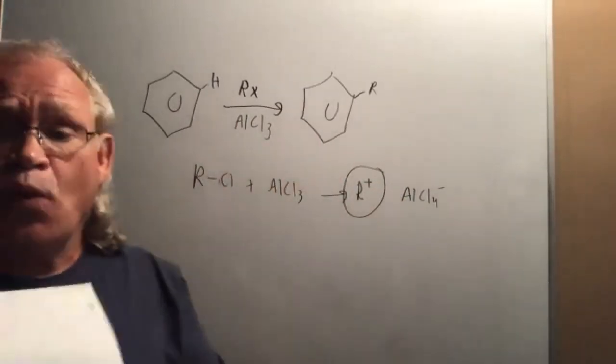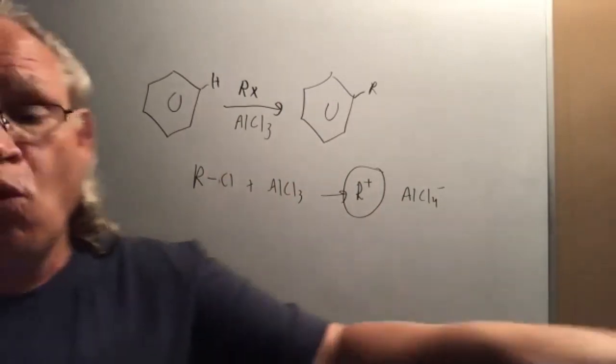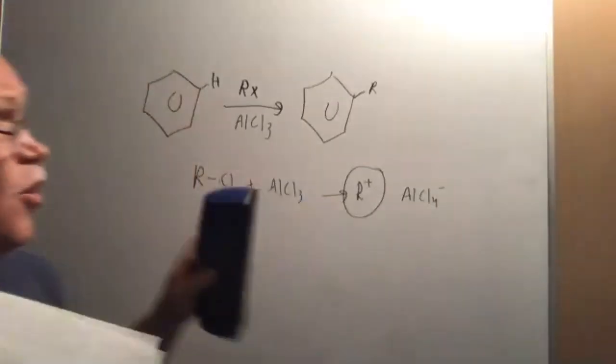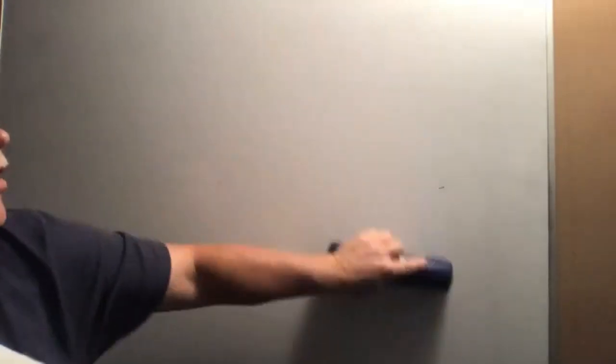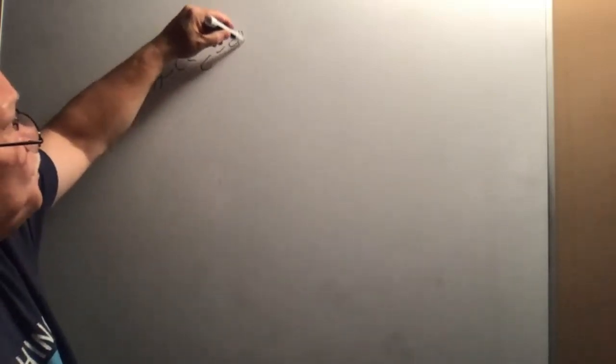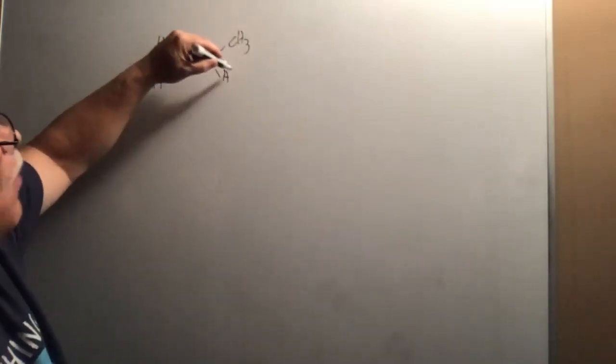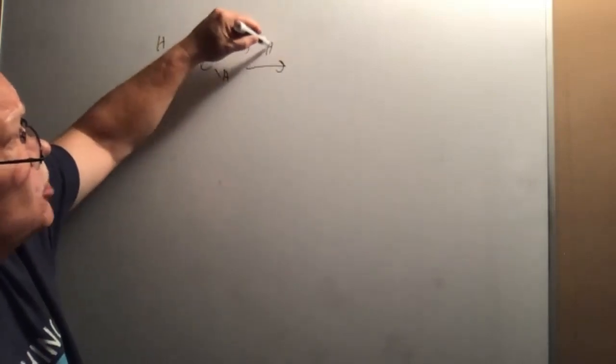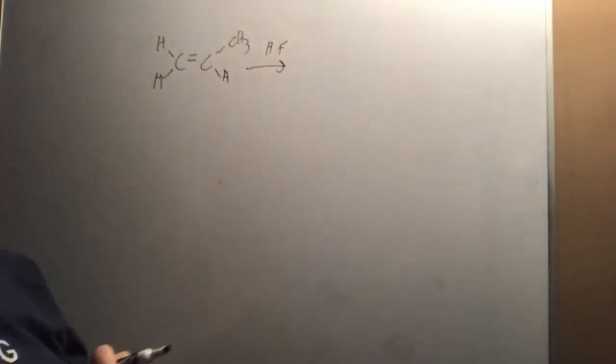Now there are two other ways mentioned on page 1 of these notes that form a carbocation. The first one is to take an alkene. I'm going to use this alkene, and I'll draw it out in a little bit more detail. We're going to react this with HF, hydrofluoric acid.